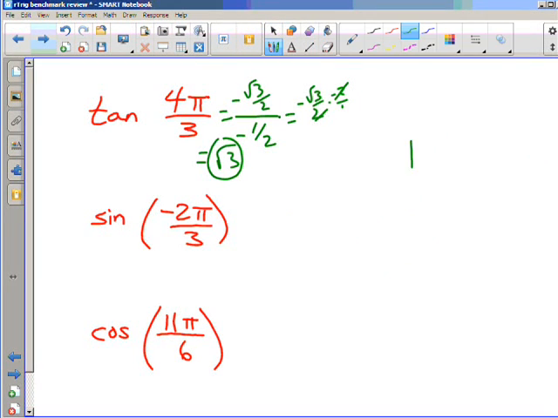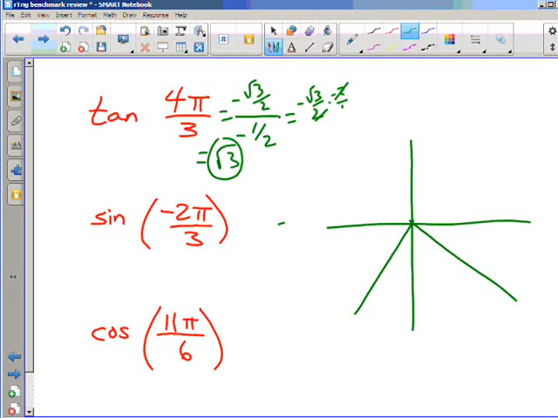Sine of -2 pi over 3. Again, 1, 2, and then this would be -3 pi over 3. So down here, our reference angle, remember you always draw your perpendicular to the x-axis, never to the y. And 2 pi over 3, that'll be the shorter side on the x-axis, so a -1/2.